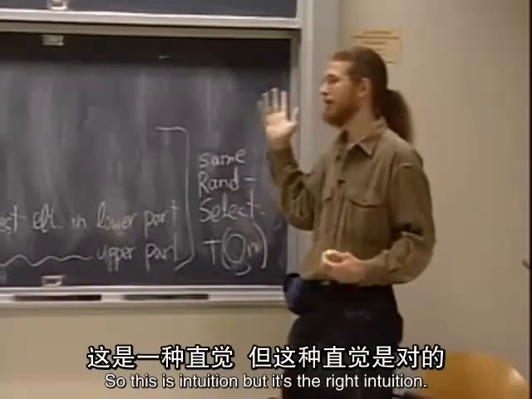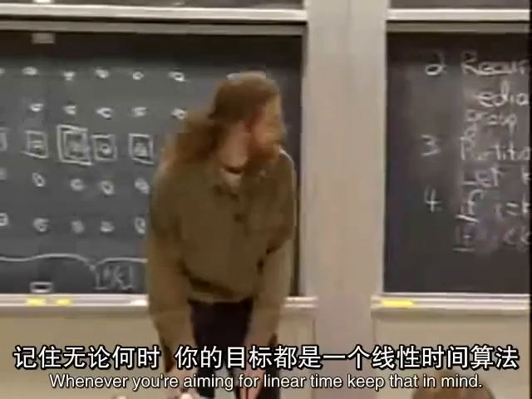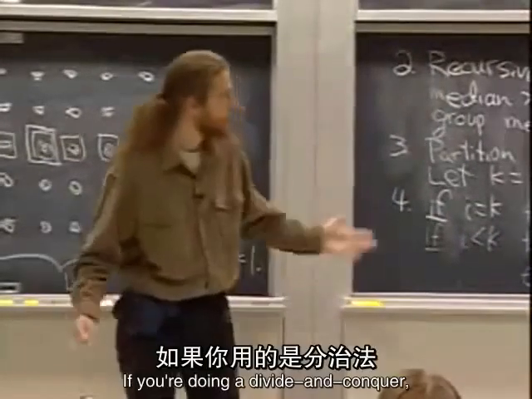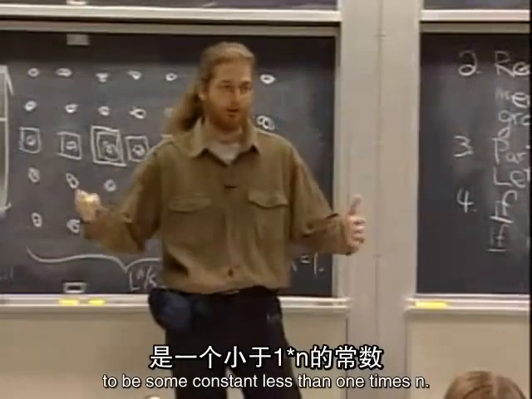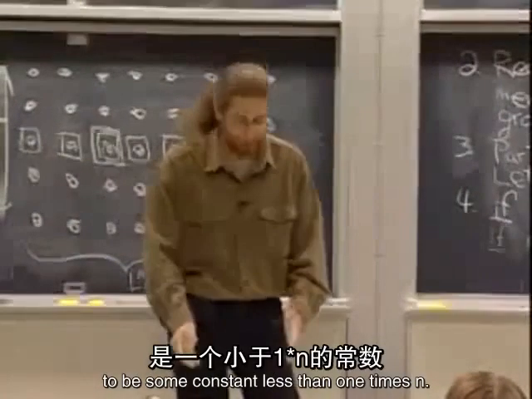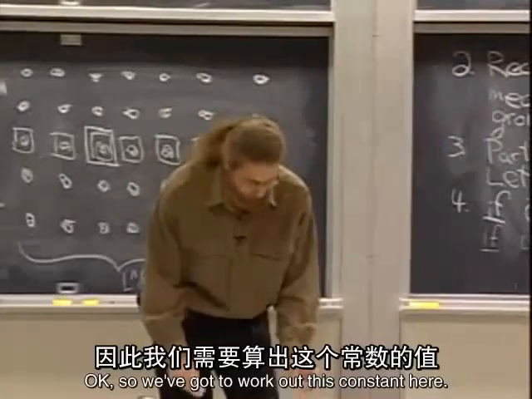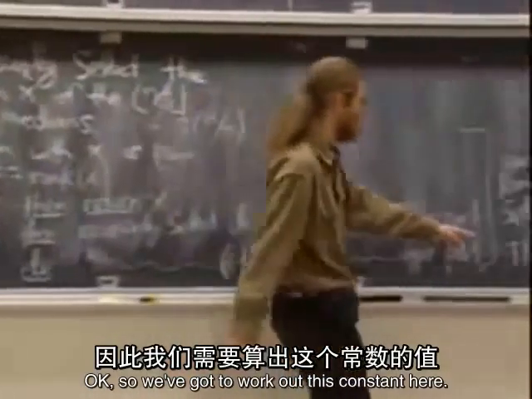So this is intuition, but it's the right intuition. Whenever you're aiming for linear time, keep that in mind. If you're doing a divide and conquer, you've got to get the total subproblem size to be some constant less than 1 times n. That will work. So we've got to work out this constant here.